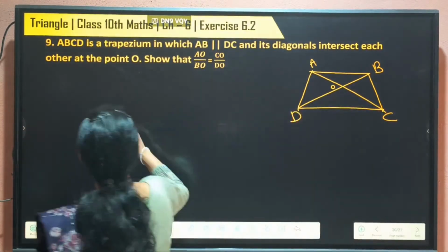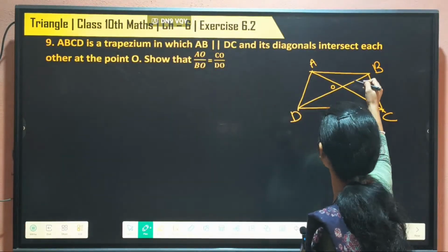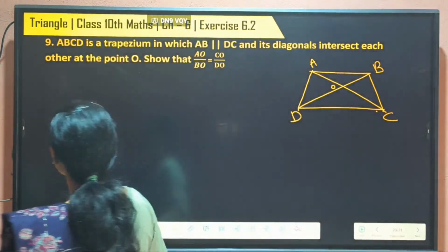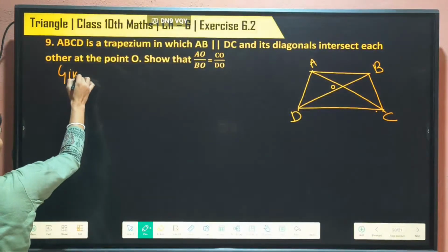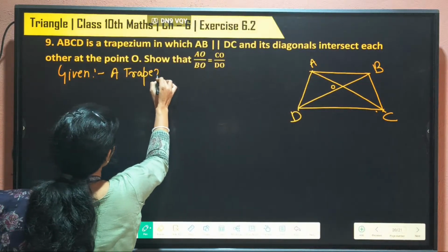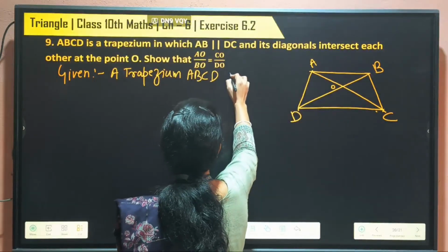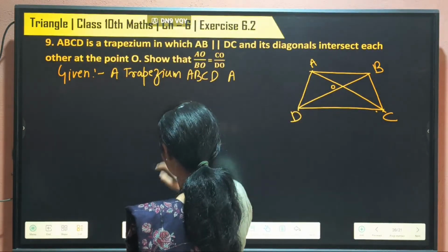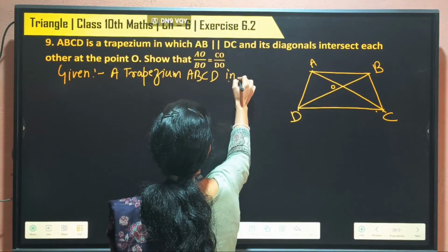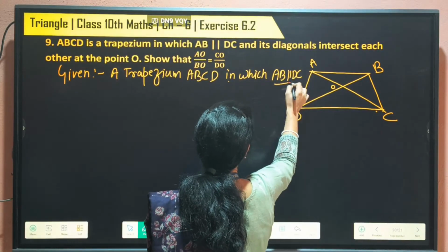Show that OA by OB equals OC by OD. This we have to prove. What is given? Given a trapezium ABCD in which AB is parallel to DC.